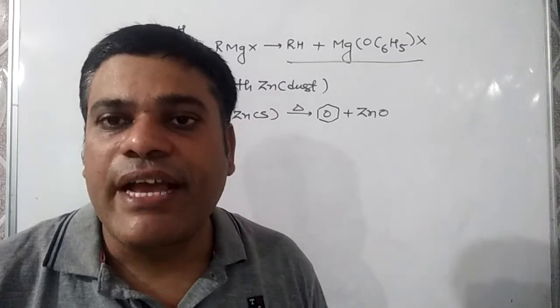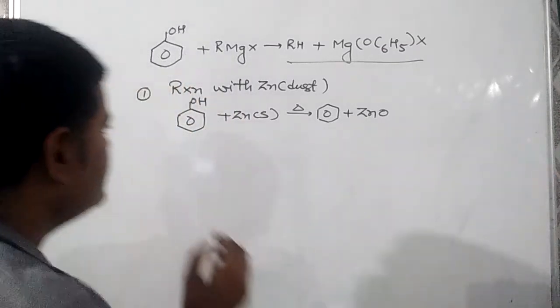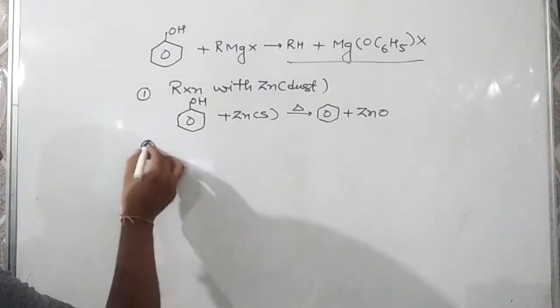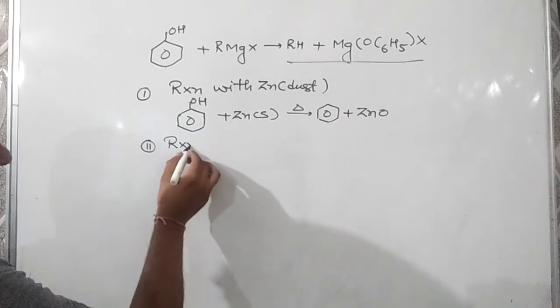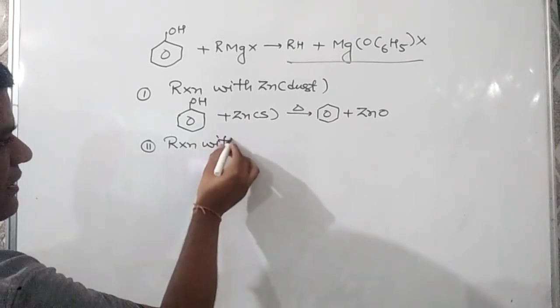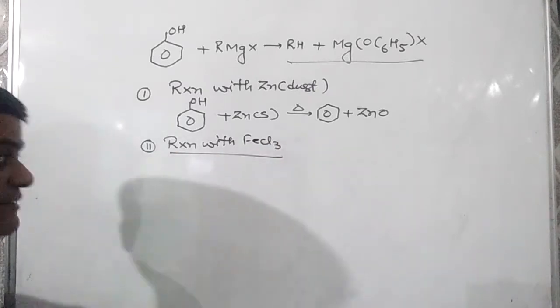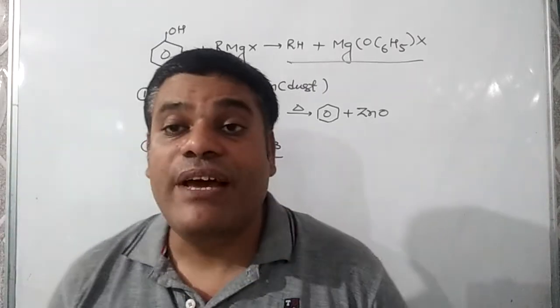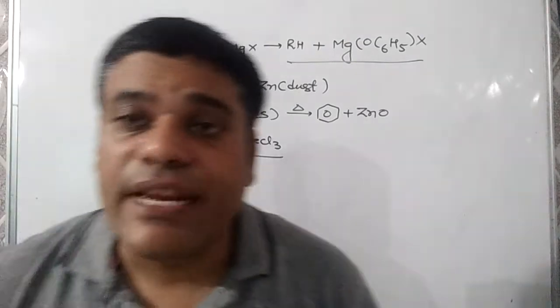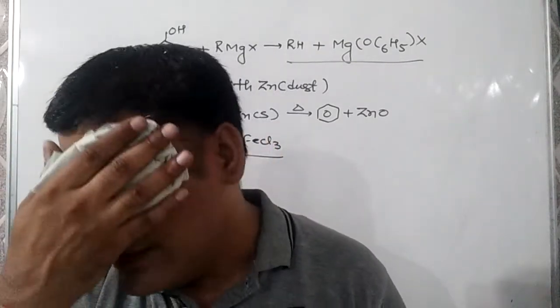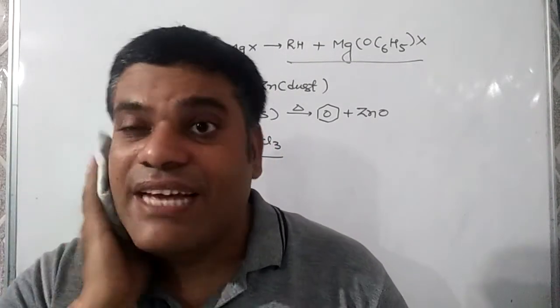Next will be reaction with ferric chloride. This reaction is also very important, because it can be used to distinguish phenol from any other compound.